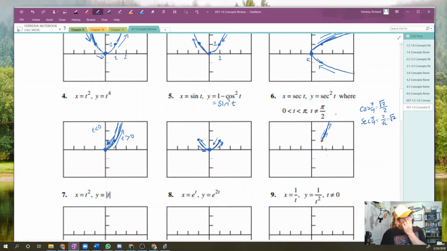Okay, so what happens then at 3 pi over 4? Well, at 3 pi over 4, the cosine of 3 pi over 4 is negative square root of 2 over 2. So the secant of 3 pi over 4 is going to be equal to negative rad 2, or negative 1.4. Negative 1.4 is here. And then negative rad 2 squared is going to be positive 2.